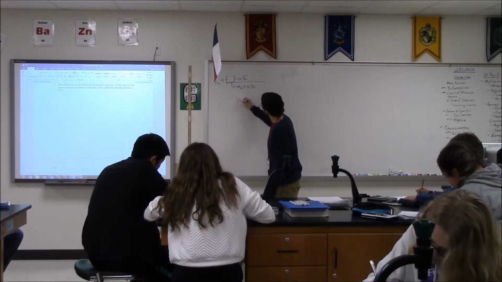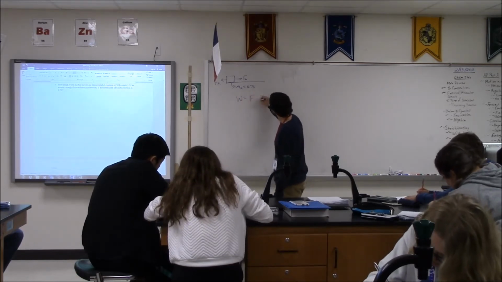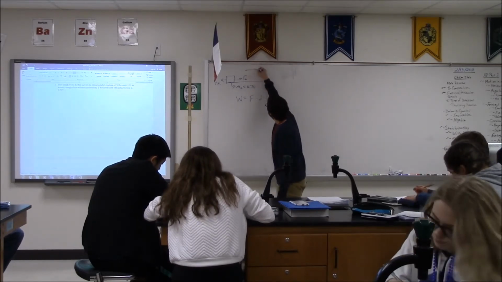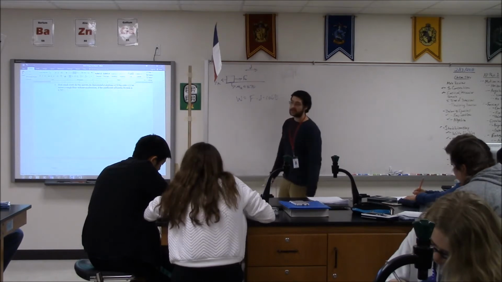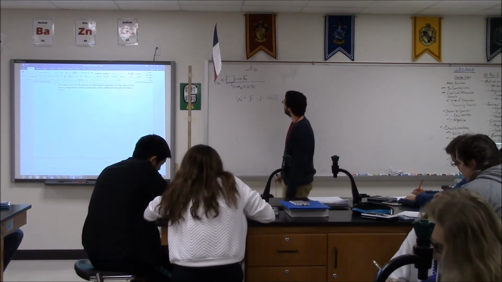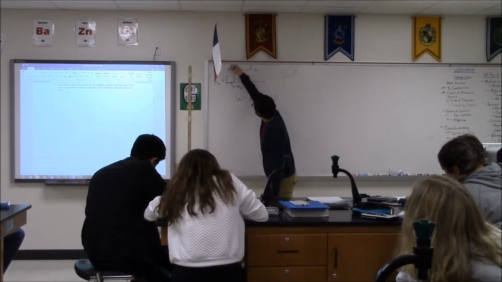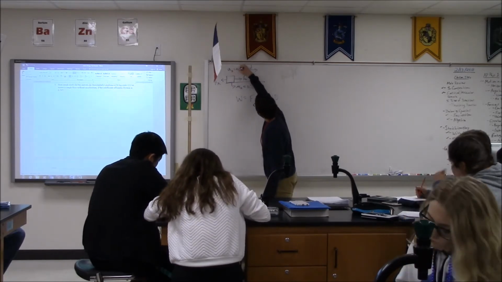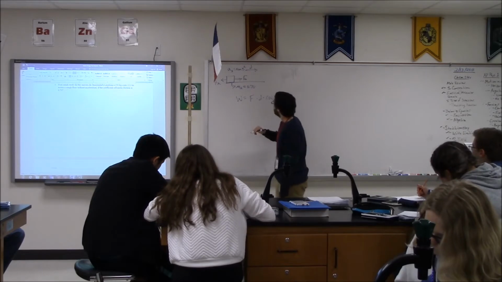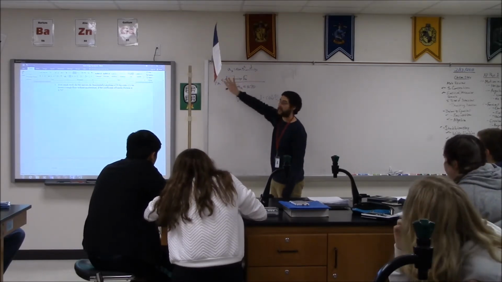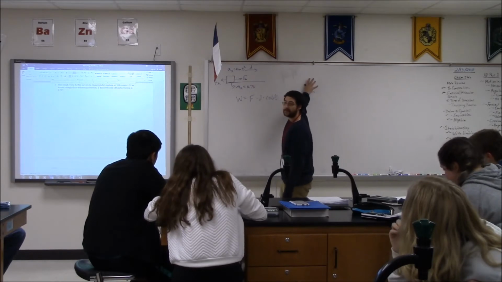So let's see, work equals force times d times cosine theta. My displacement vector is going to be in this direction, because that's the way I'm moving it. Now, we know that the acceleration here is going to be 0, and I need to know what my net force is going to be that's going to cause the box to move forward, right?